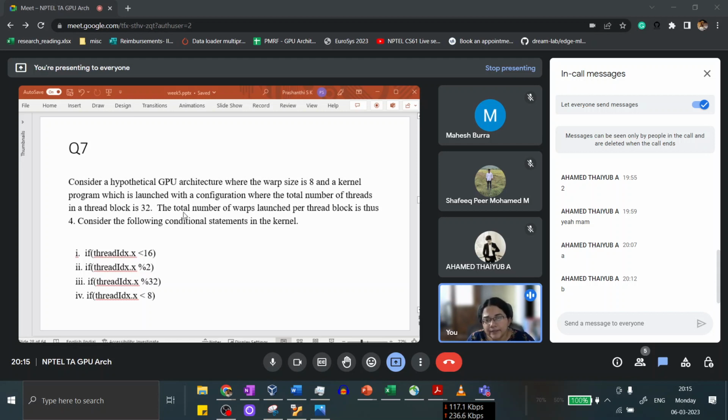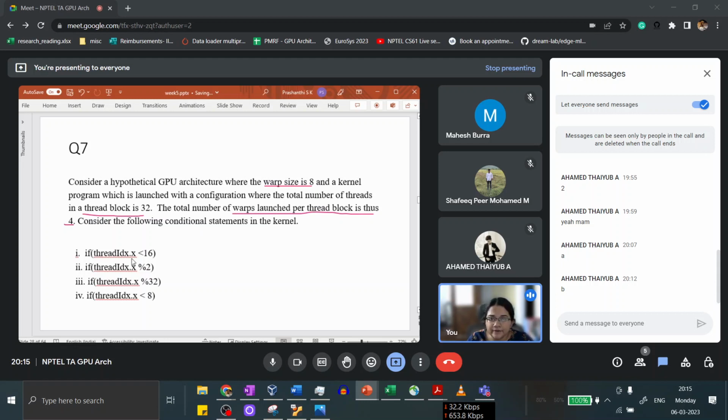Consider a hypothetical GPU architecture where the warp size is 8, and a kernel program which is launched with a configuration where the total number of threads in a thread block is 32. The total number of warps launched per thread block is thus 4. Consider the following conditional statements in the kernel.